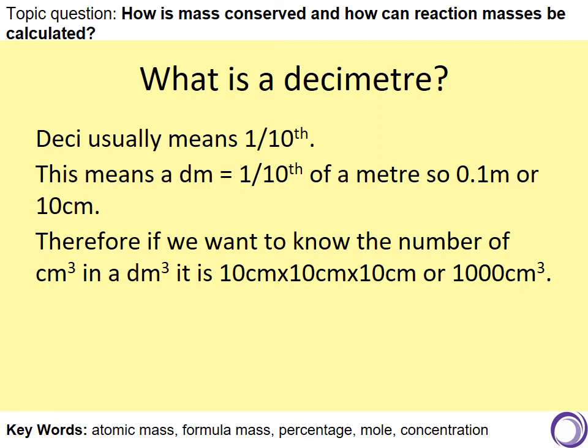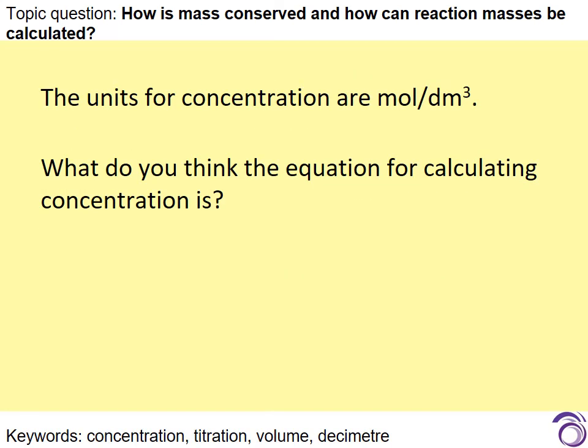Now you may see this written as 1 litre, but litres are not SI units, they're not standard units, and therefore we don't use them. We have to talk about decimetres cubed rather than litres. The units for concentration are moles per decimetre cubed.